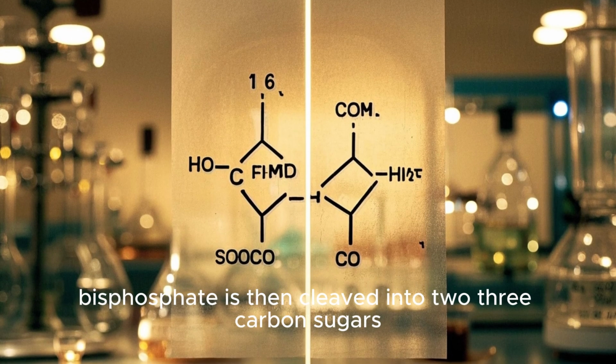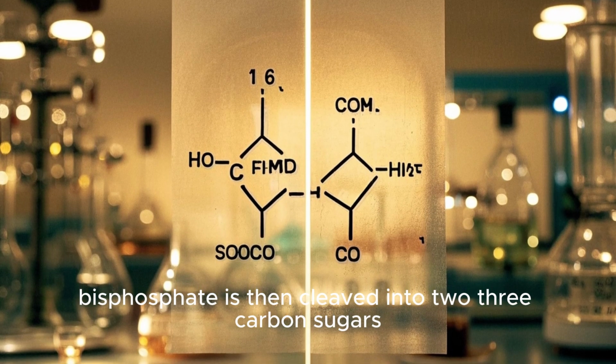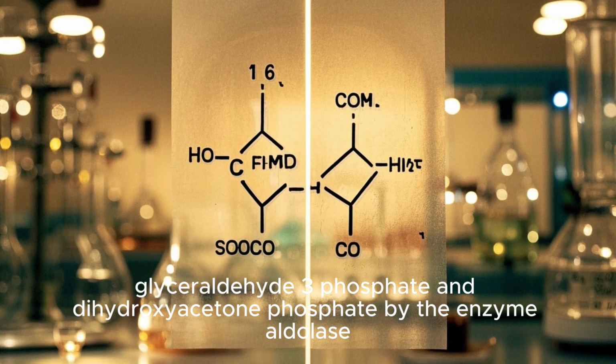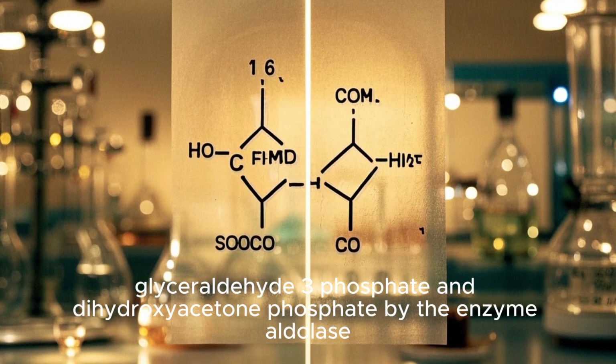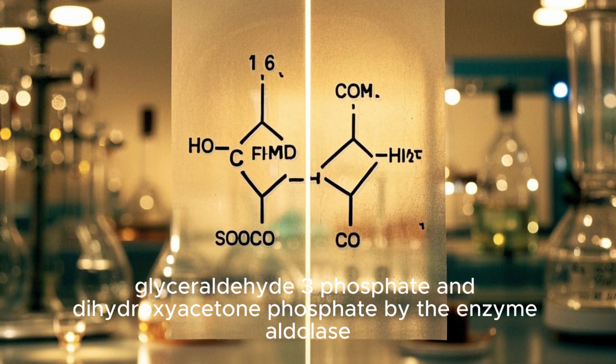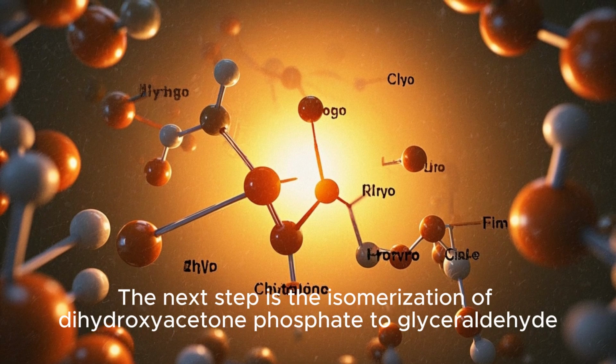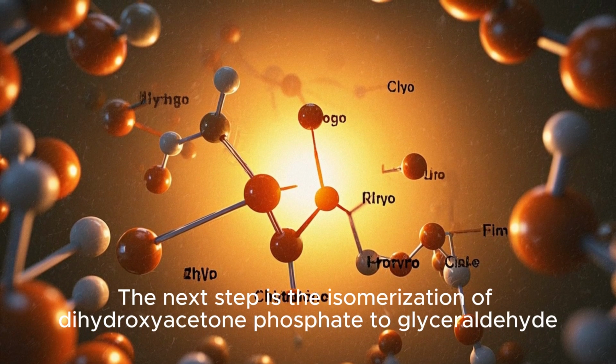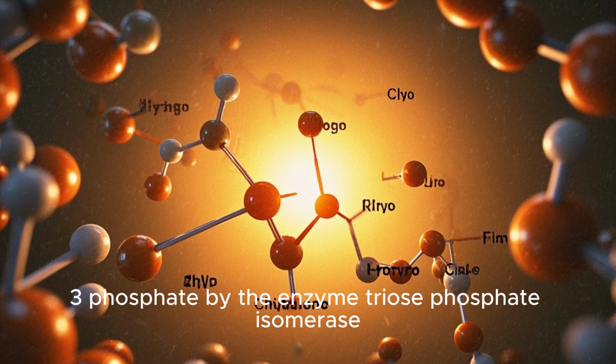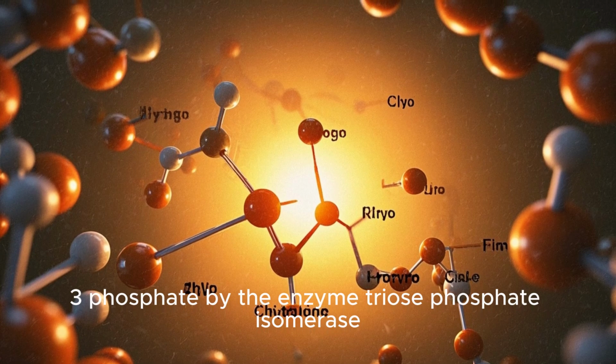Fructose 1,6-bisphosphate is then cleaved into two 3-carbon sugars, glyceraldehyde 3-phosphate and dihydroxyacetone phosphate, by the enzyme aldolase. The next step is the isomerization of dihydroxyacetone phosphate to glyceraldehyde 3-phosphate by the enzyme triose phosphate isomerase.